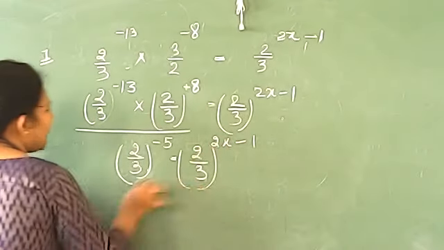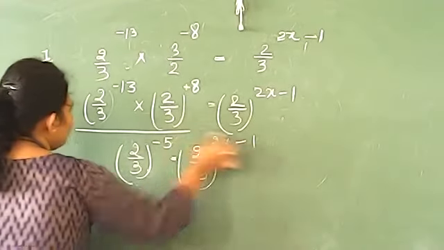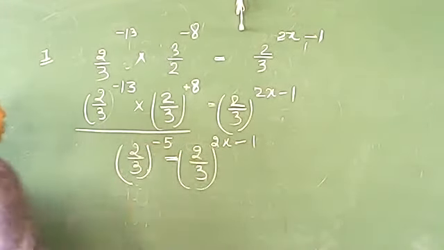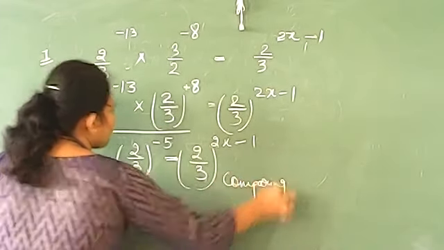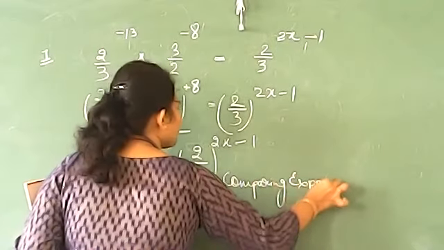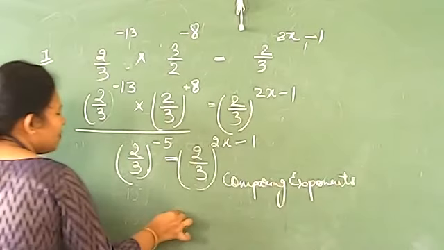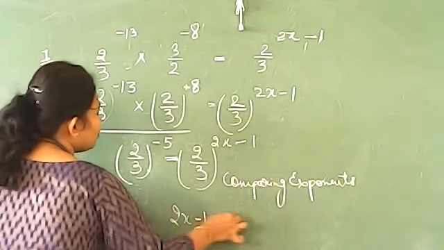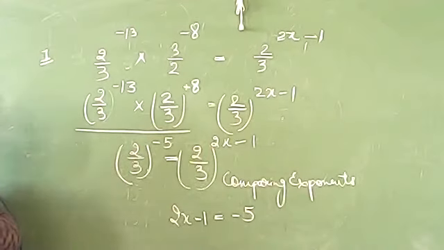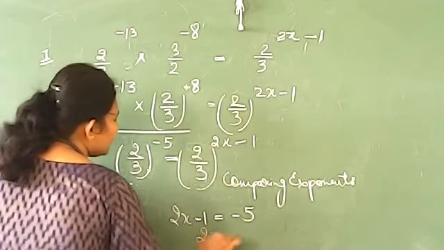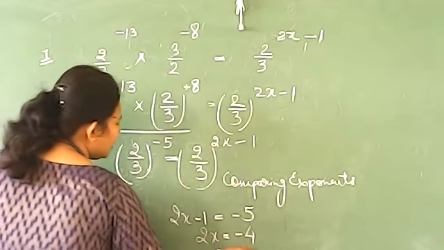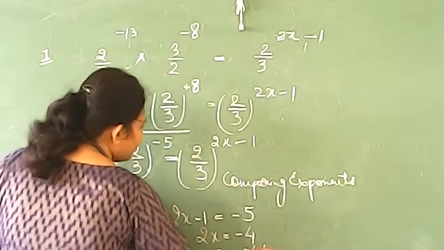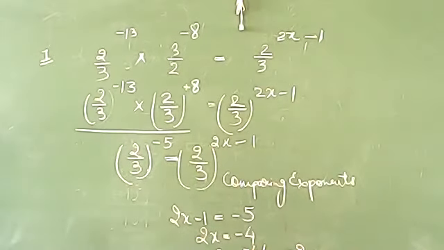Base is the same, and we have the sign of equal to in between, so we compare exponents. 2x minus 1 is equal to -5. It gives 2x is equal to -5 plus 1, which is -4, so x is -4 upon 2, which is -2. We have the value of x as -2.